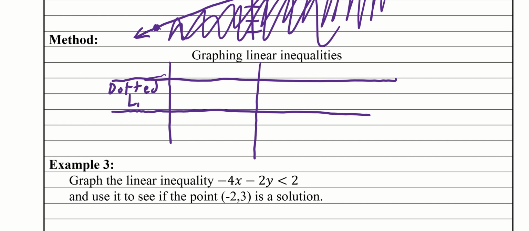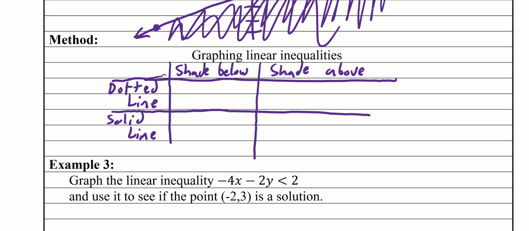You're either going to draw a dotted line between the points that you mark, or you're going to draw a solid line. And then as for the shading, on the last set of inequalities we talked about shading left or shading right. Now it's slightly different. We're either going to shade below the line or we're going to shade above the line. And the symbol that you see right after y is going to tell you which of these to do here.